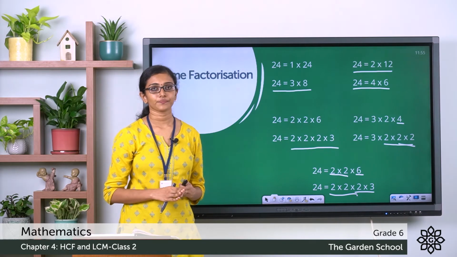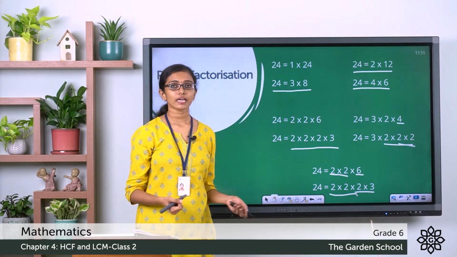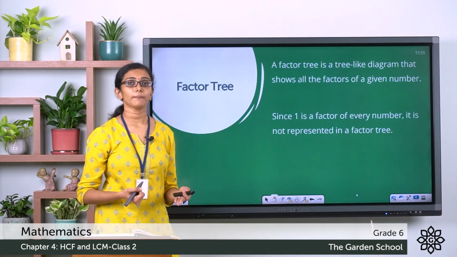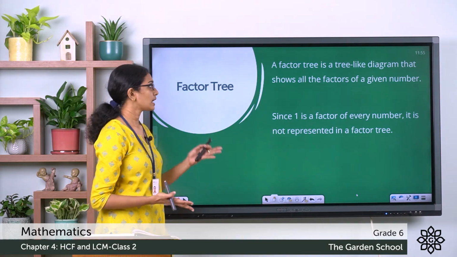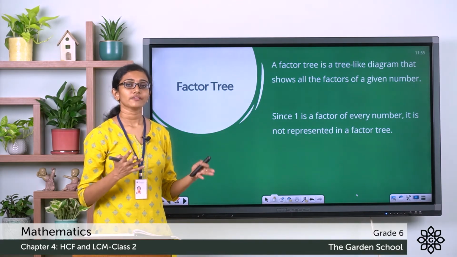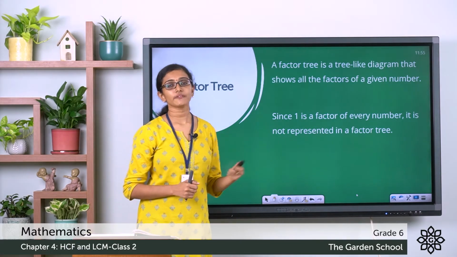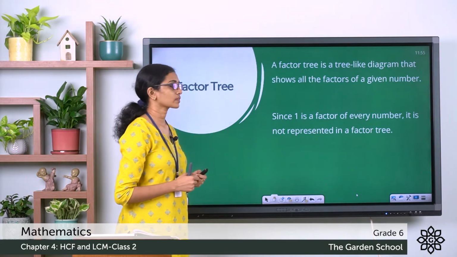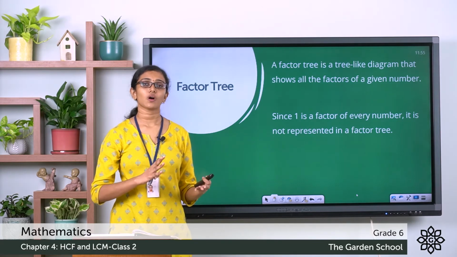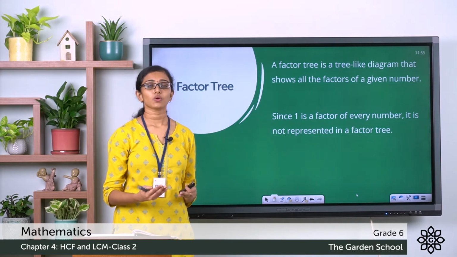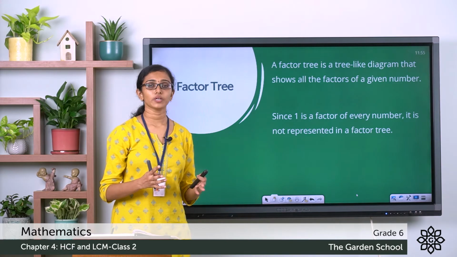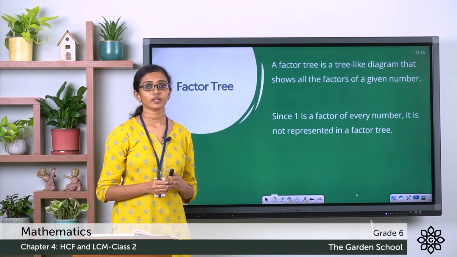It won't change. And you can represent the prime factorization of a number by using what is called a factor tree. A factor tree is a tree-like diagram that shows all the factors of a given number. And we know 1 is a factor for all the numbers. So when we draw the factor tree of a number, we don't write 1 in that.